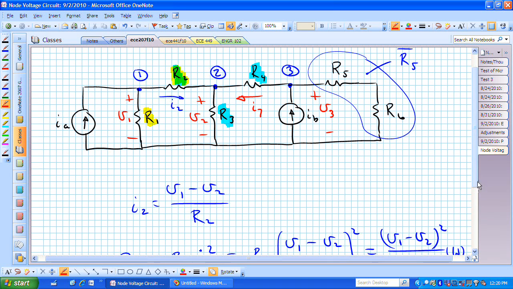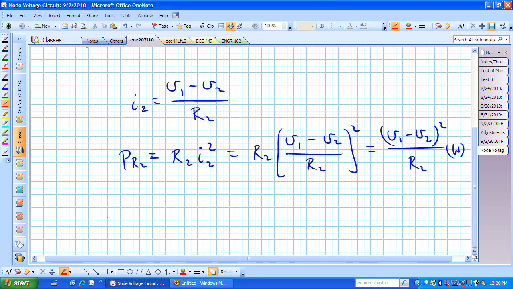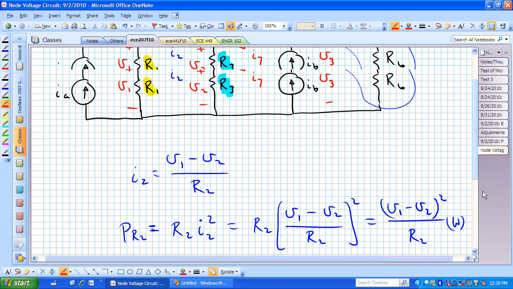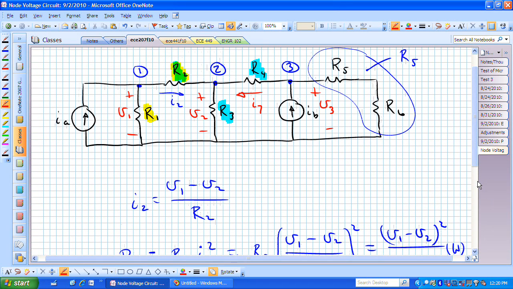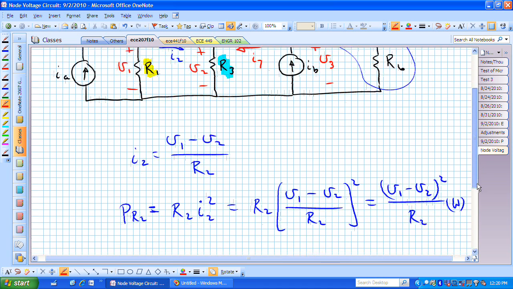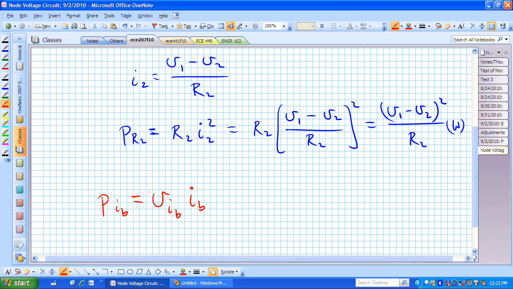The power absorbed, with our passive sign convention, is going to be the voltage dropped across I sub B times the current through I sub B. And in this case, since I sub B is actually going into the negative terminal before it goes through the element and ends up at the positive terminal, this will actually be a negative V sub I sub B times I sub B absorbed.